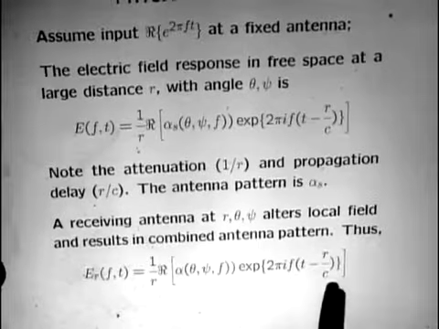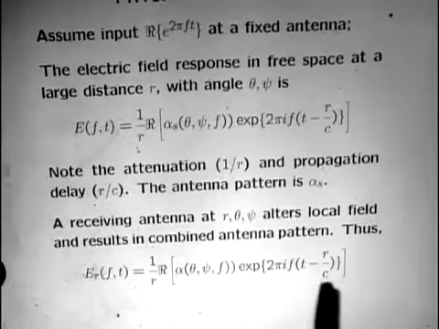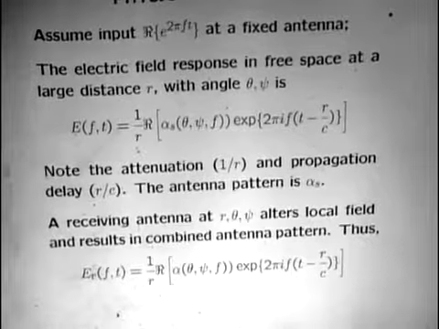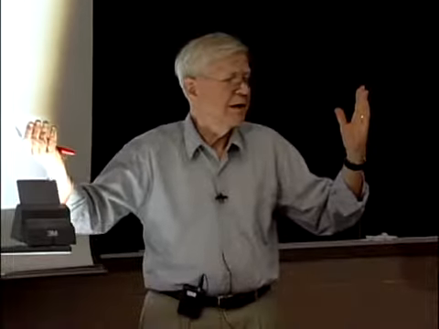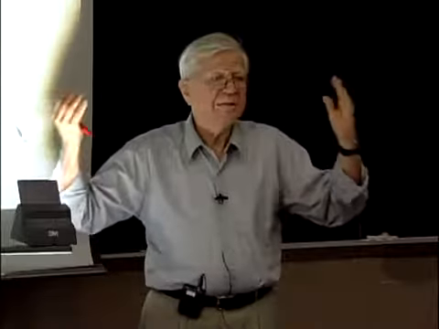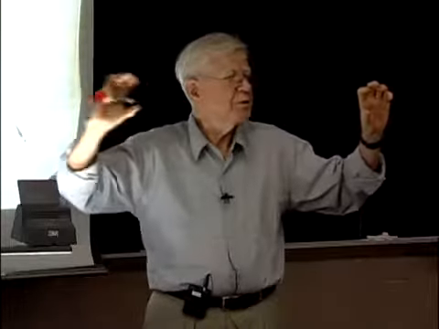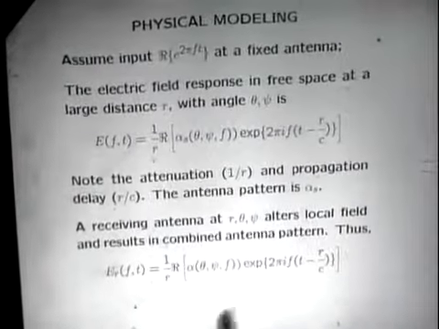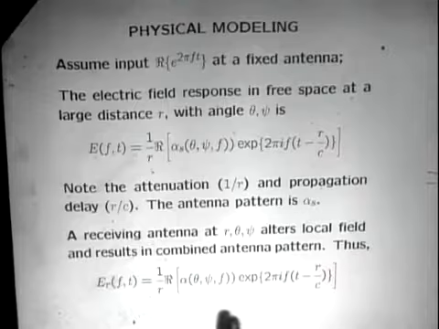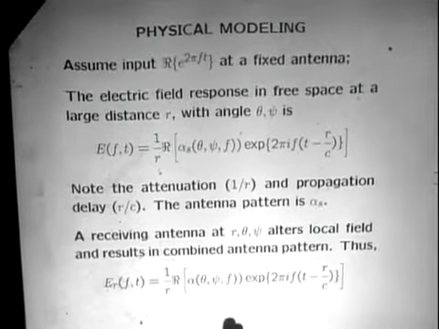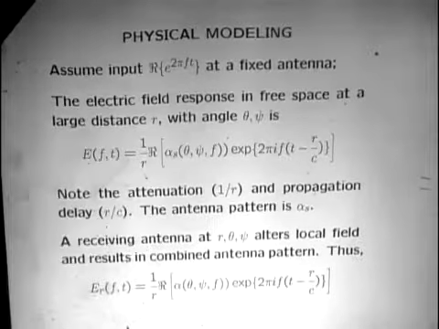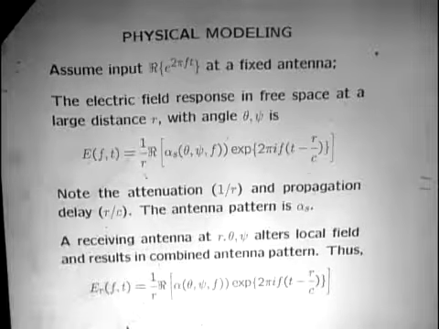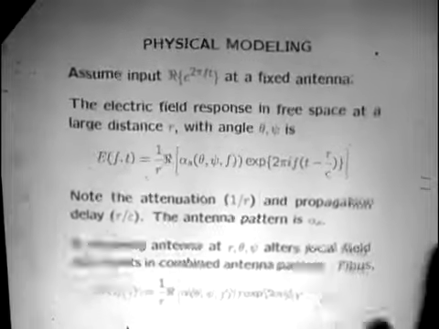And then we have this propagation delay between transmitting antenna and receiving antenna. So if you're transmitting in free space from one antenna to another antenna, this is what happens with some arbitrary pattern here for the two antennas, which depends on whether they radiate spherically or whether they radiate in some sort of direction. So that's the received waveform.